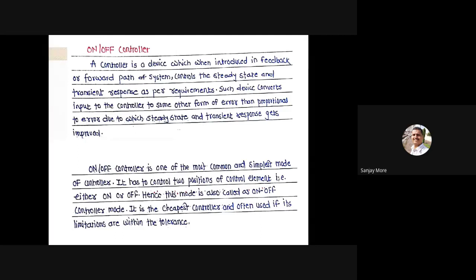Hence, this mode is also called the on-off controller mode. It is the cheapest controller and often used if its limitations are within the tolerance.